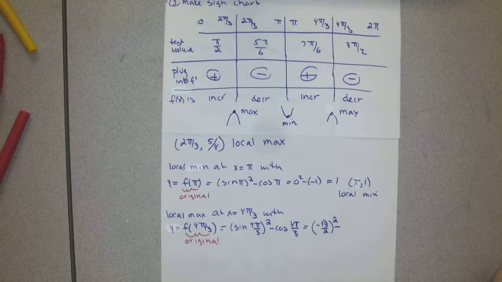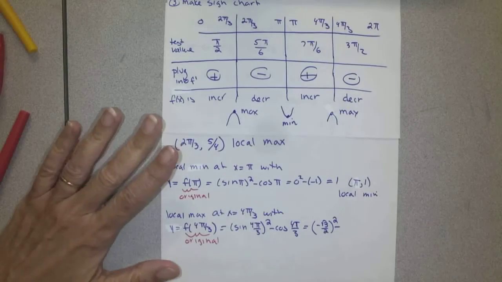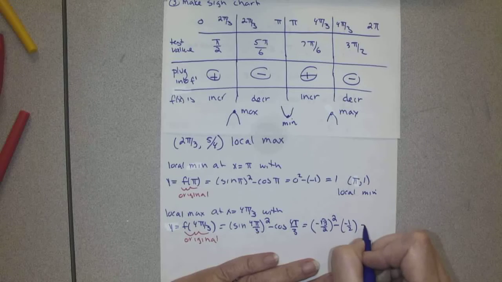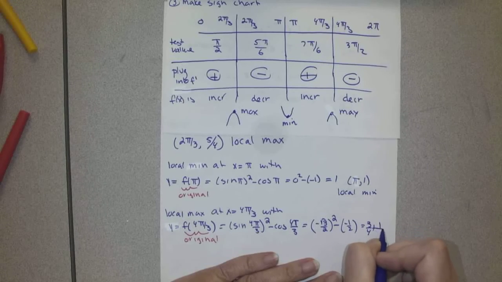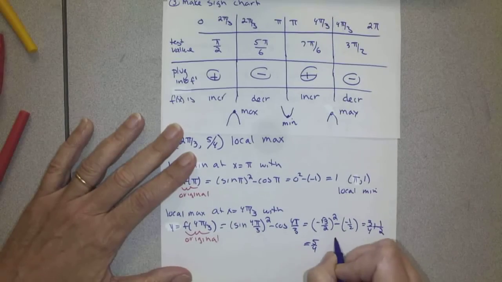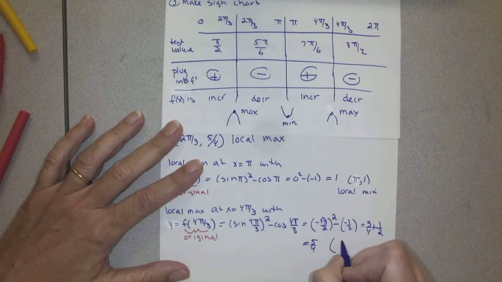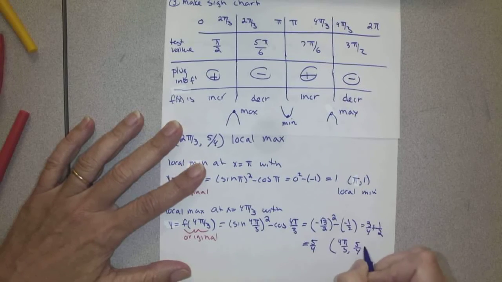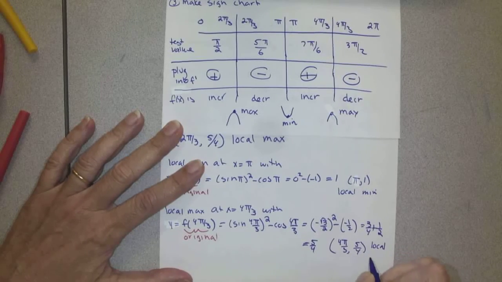Cosine of 4 pi over 3 is negative 1/2. So I've got 3/4 plus 1/2 for 5/4 again. And so the point (4 pi over 3, 5/4) is a local maximum.